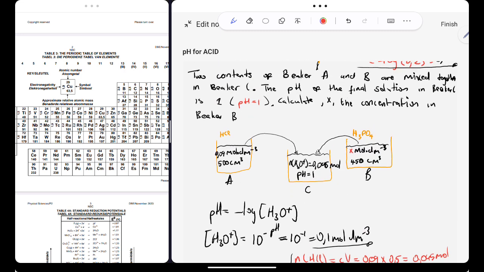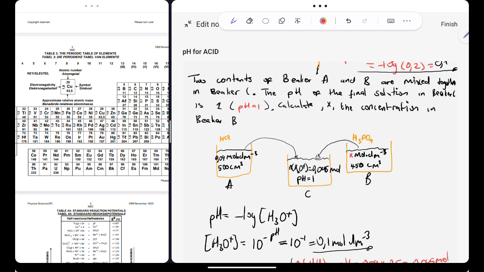Alright, together. So now I know that the hydrochloric acid has only contributed 0.045 moles of the hydronium ions, but in total, guys, I had 0.095.